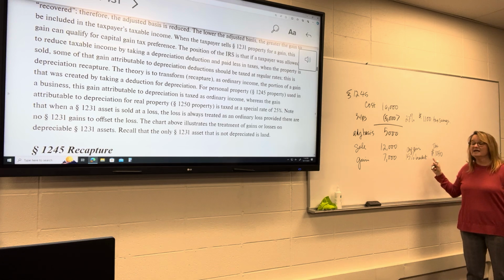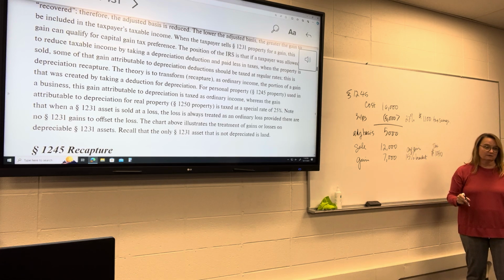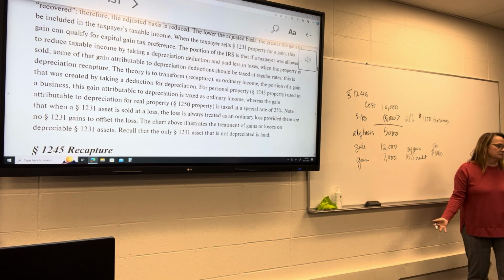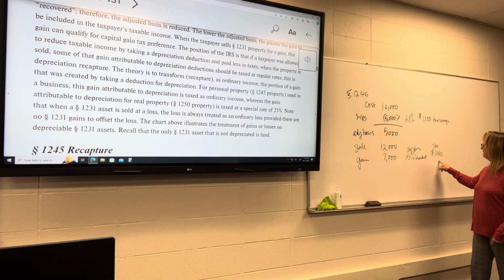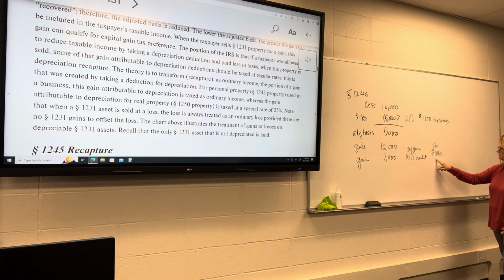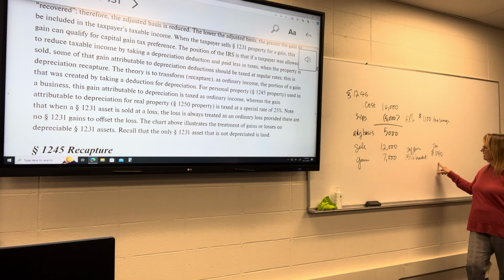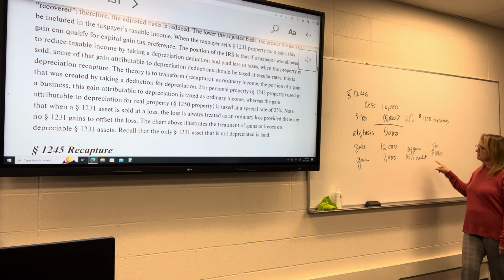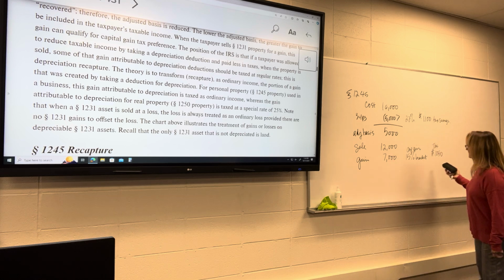When you pay on that gain, you're going to have to pay us back at that same tax rate, or whatever your current tax rate is. So if it was all capital gain and all of that 7,000 resulted in a $1,050 tax, the IRS says that that's not fair.